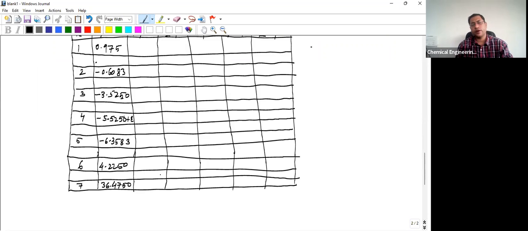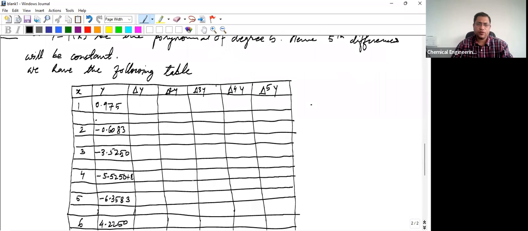So these are the values of y given and x given.